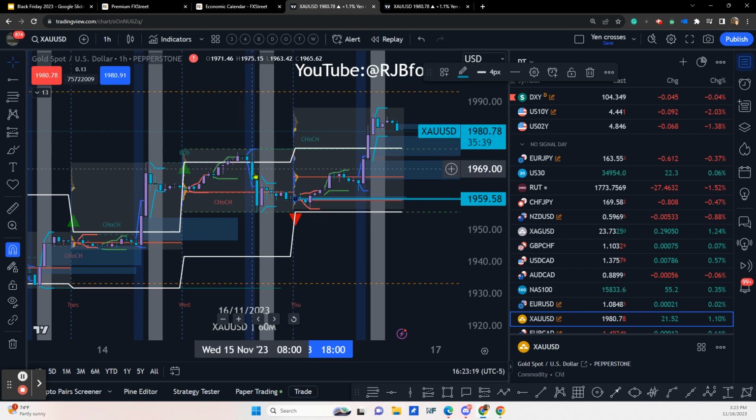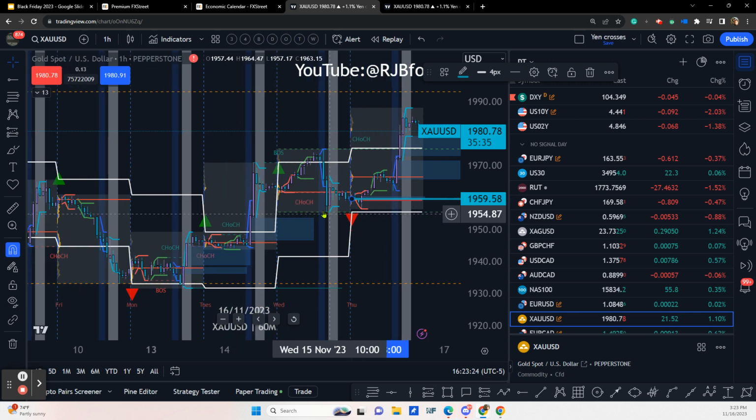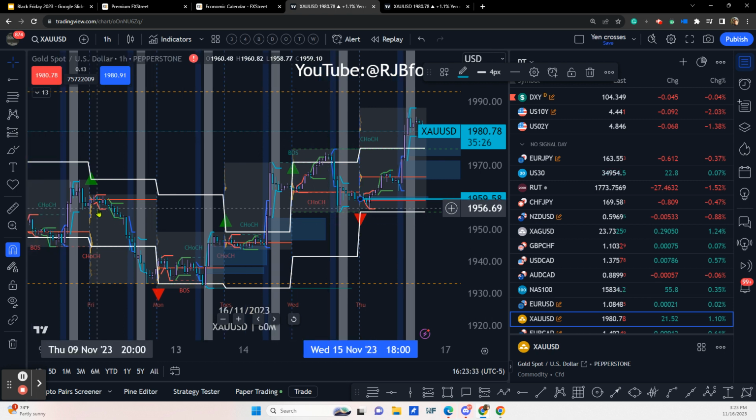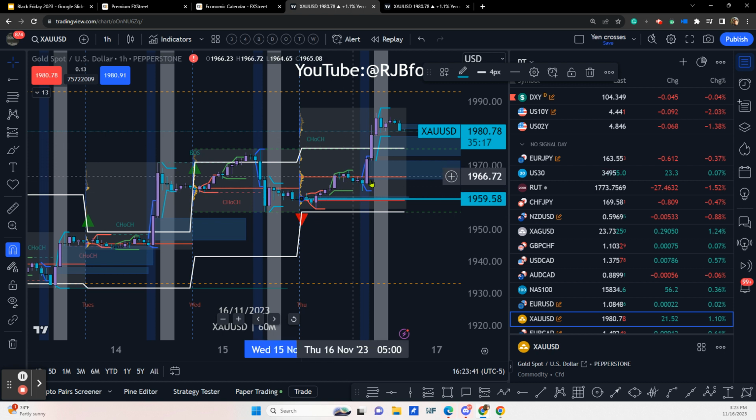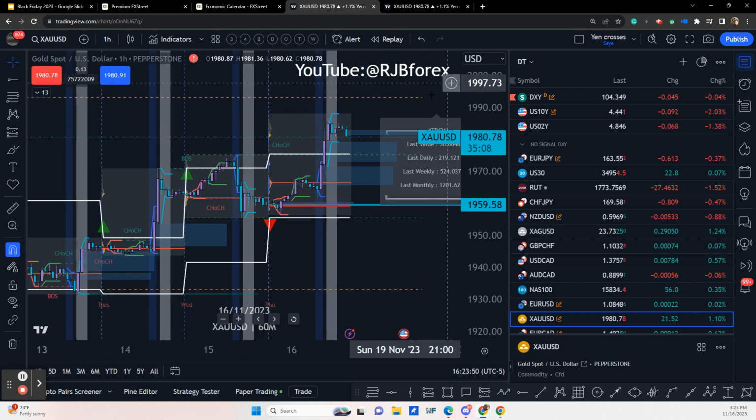The market's pulled back and it's found balance in that low, which coincides with the last prior Thursday's close. Now it's moved higher on Thursday, so we've got more longs in the market. And where might it be heading?